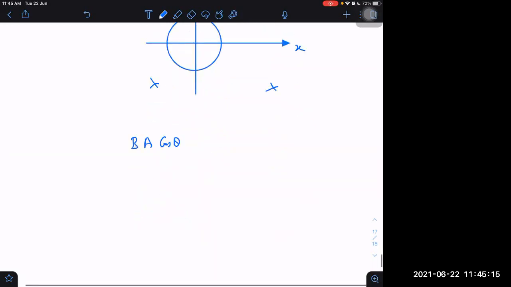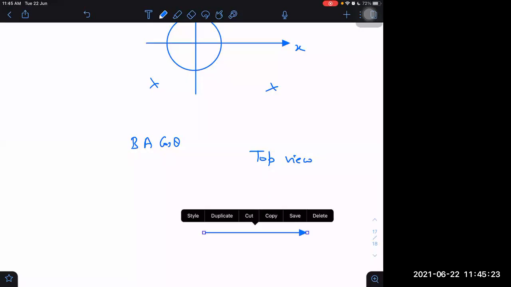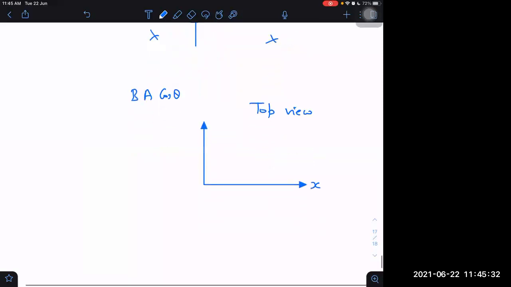Okay. If I look from the top view, then I will see something like this. I think I should have taken this side as the z-axis, this side minus z.